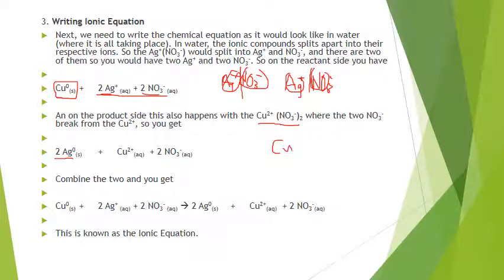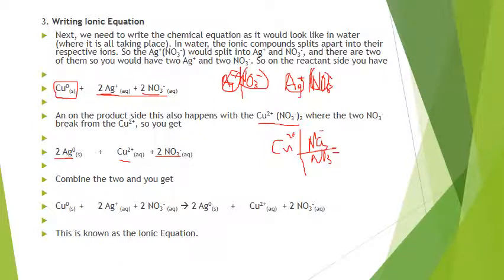So when this gets put in the water, it's CuNO3, two of them, and then when you put them in water, they all split apart. Okay, put the charges on. Okay, so now you have one copper and two nitrates.